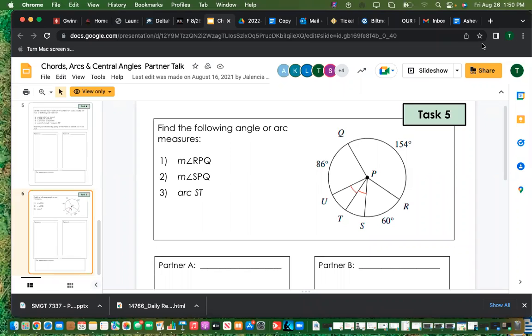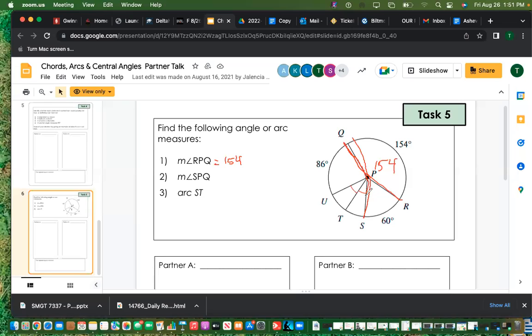Okay. RPQ. I would take... You could do 2 different answers for this, but we're gonna talk about this. RPQ is gonna be 154, right? Because it's the central angle. With me? Okay. SPQ.